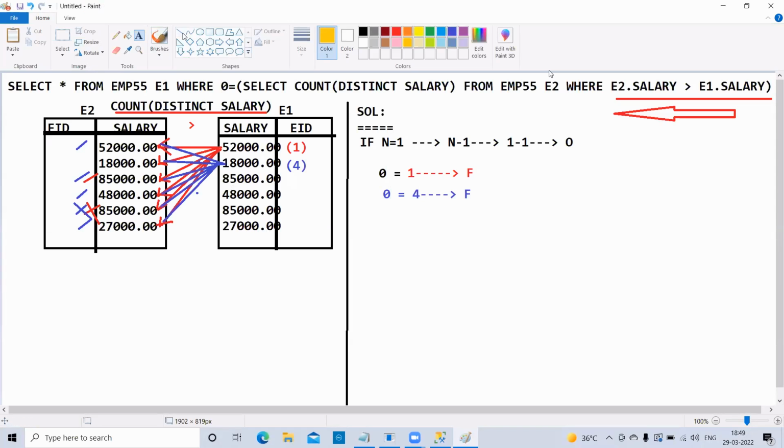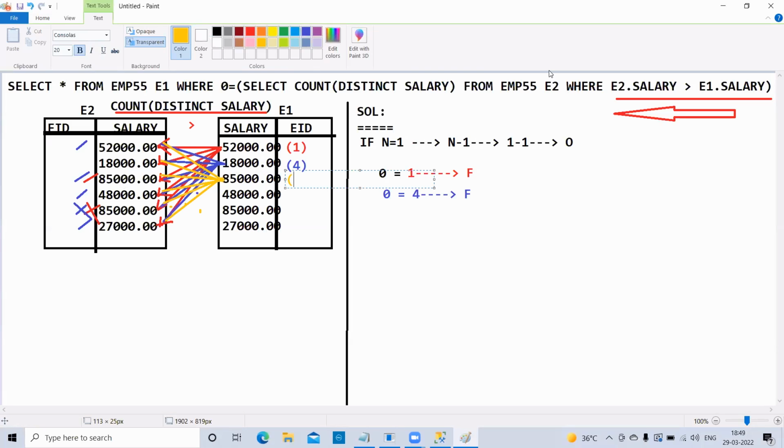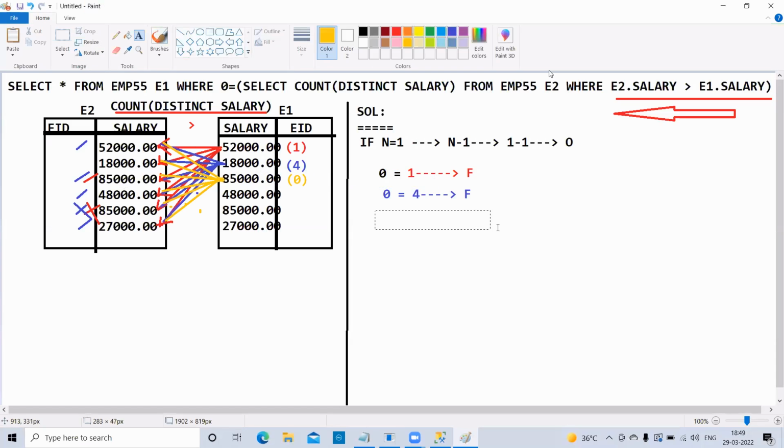Okay, fine. And the next one is 85. So 85 above, how many values are there in my E2 table? There is no value here. Understand now? So the count of salaries is 0.